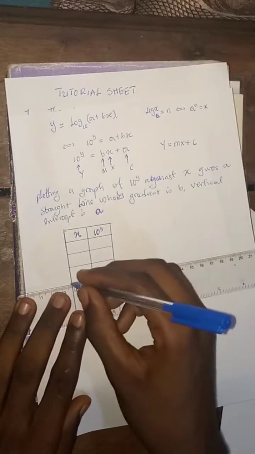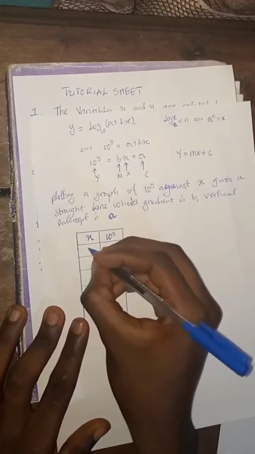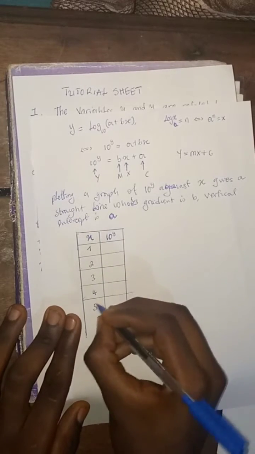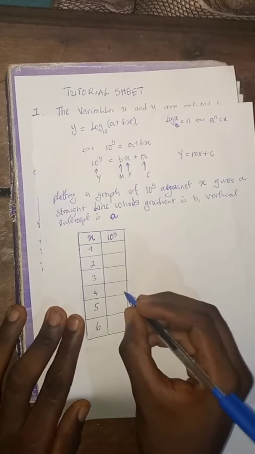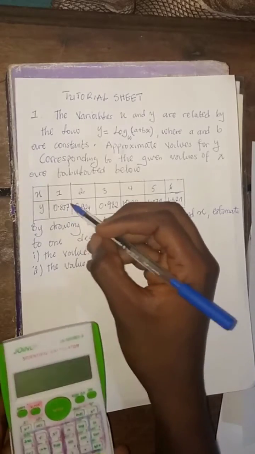So let me fill in the table with the values that were given. We had x ranging from 1 to 6. For the 10 to the power y, it means that for all the values of y here, when x is this, I look for 10 to the power this value.